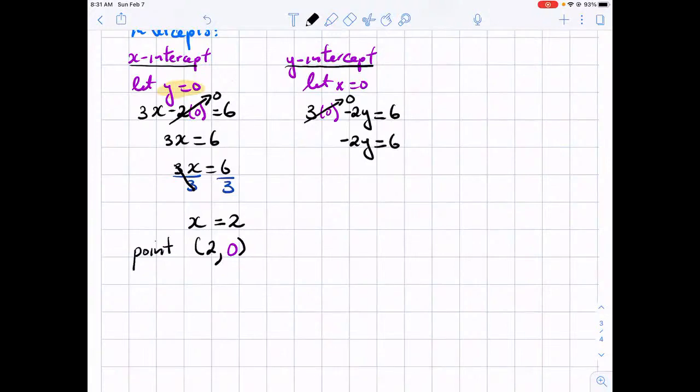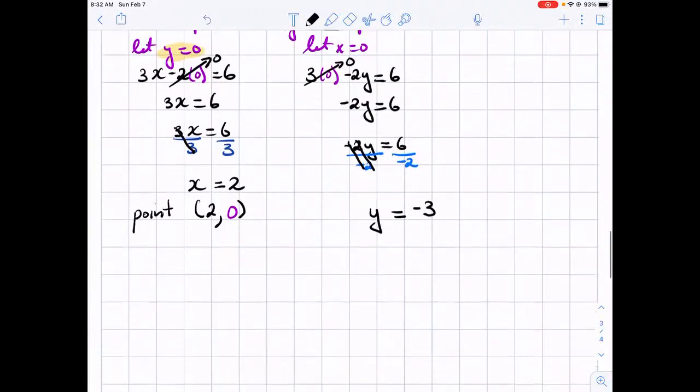And to get y by itself, we will divide both sides now by negative 2. The 2's will cancel and the negatives will cancel, leaving me with a positive y is equal to, and 6 divided by negative 2 is negative 3.